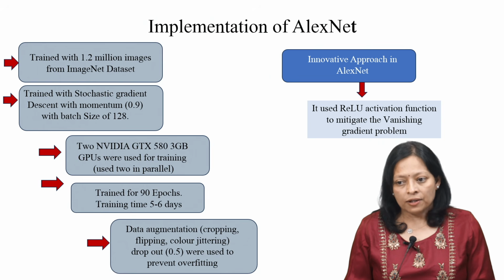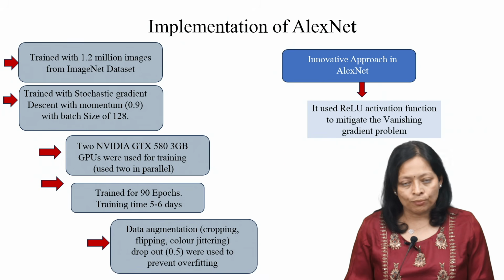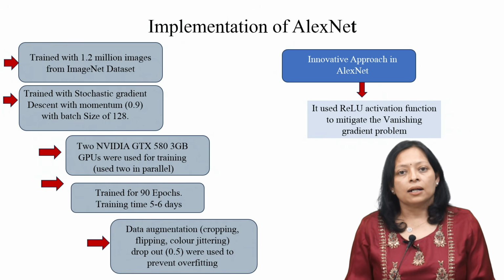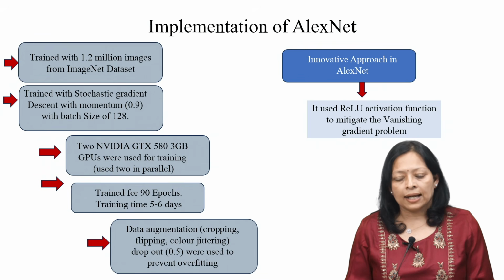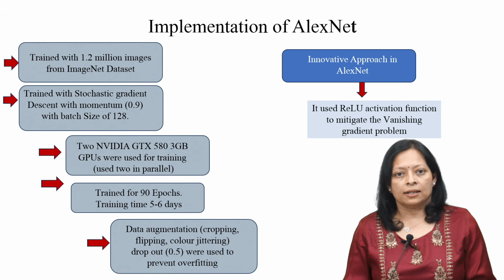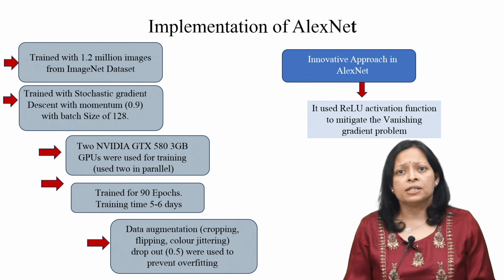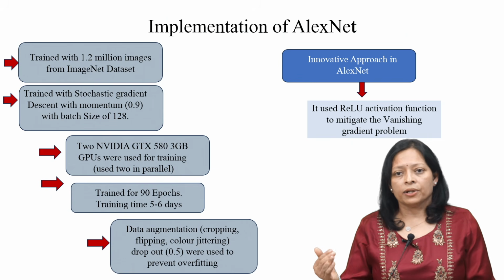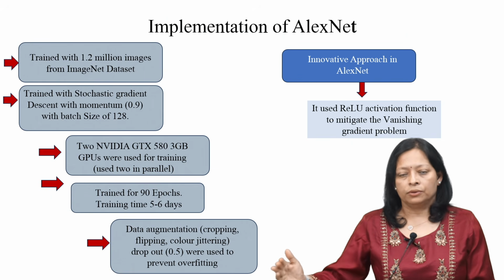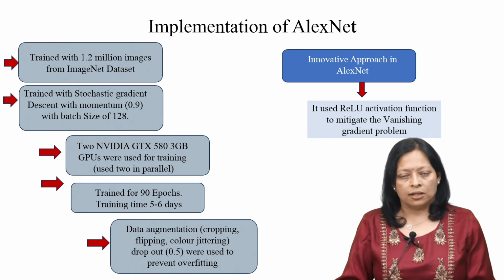So, previous to AlexNet, models were using activation functions like sigmoid and tanh, but that was leading to something called the vanishing gradient problem. Let me tell you what exactly the vanishing gradient problem is in simple terms. During backpropagation, we propagate the gradients from the last layer to the inside layers, or from the output region towards the input region.